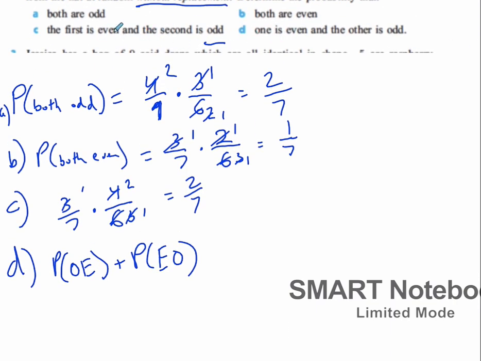We already worked out even and odd. That one's 2/7 from before. And odd-even, I think it's going to be the same thing, because there are 4 odd ones and 3 even ones, so that's going to be again 2/7. So it's 2/7 plus 2/7 is 4/7.